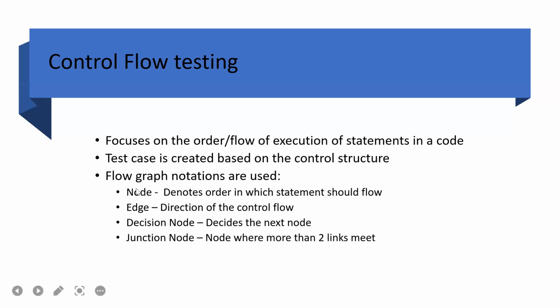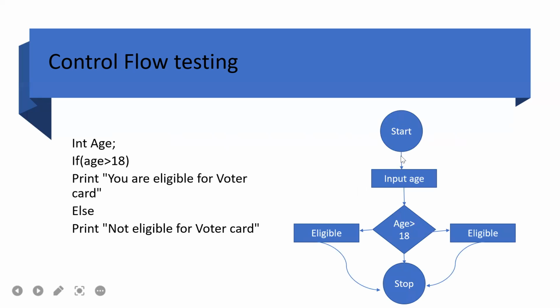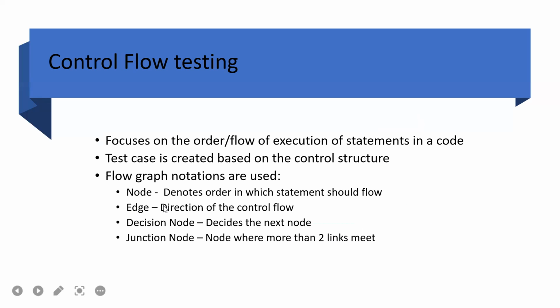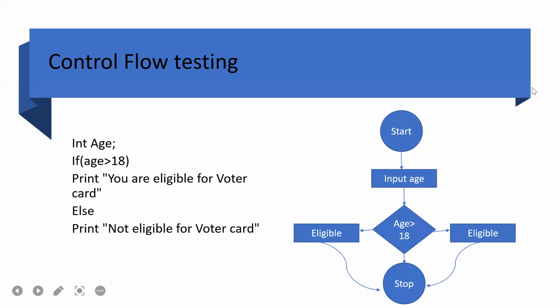Okay. So we have a circle for node. See, this is called a node. And then we have edges: how the flow happens is called edges. The decision we make is called decision nodes.